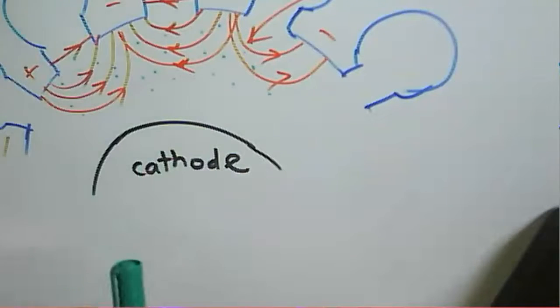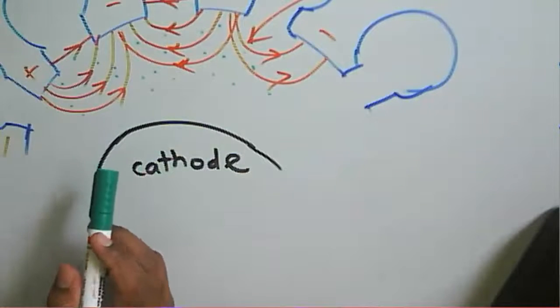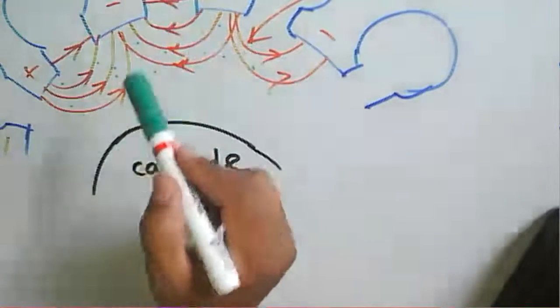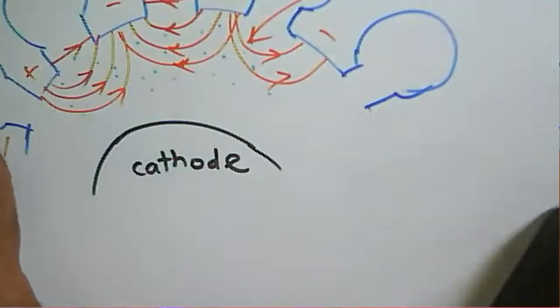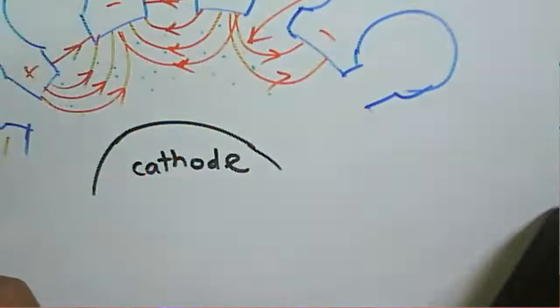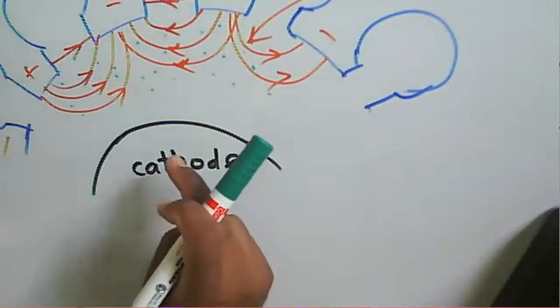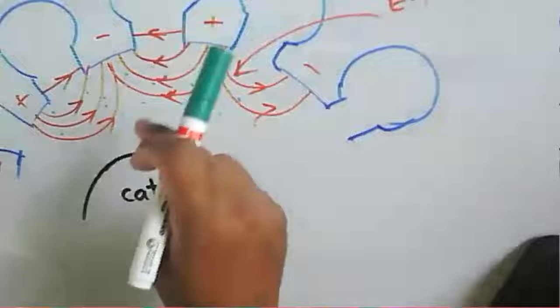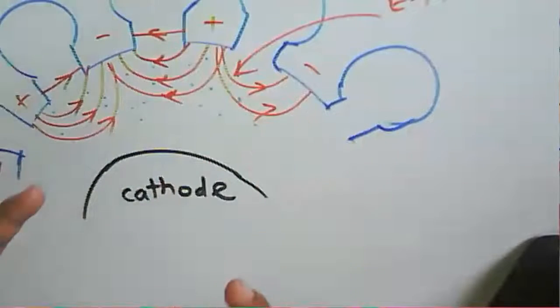Now we talk about how these electrons will reach the anode. Because of the magnetic field present, electrons will move toward the anode if the magnetic field strength is small.